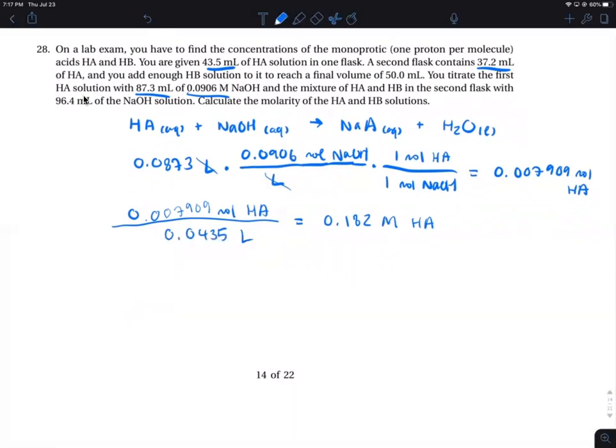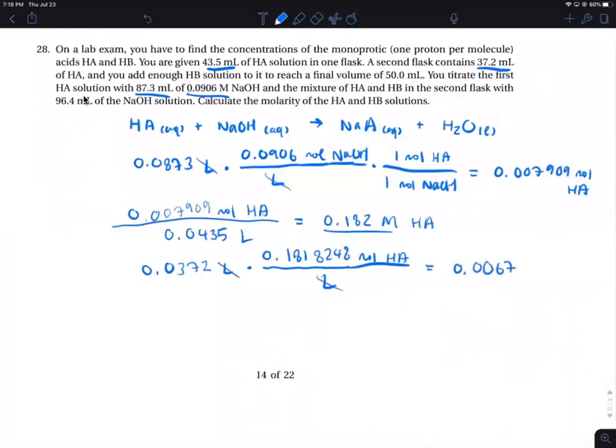Let's convert that to liters, 0.0372 liters times what we just found. It's better to use the unrounded value, so I'm going to just use that here. 0.18248 moles HA per liter. And that's 0.006767639.